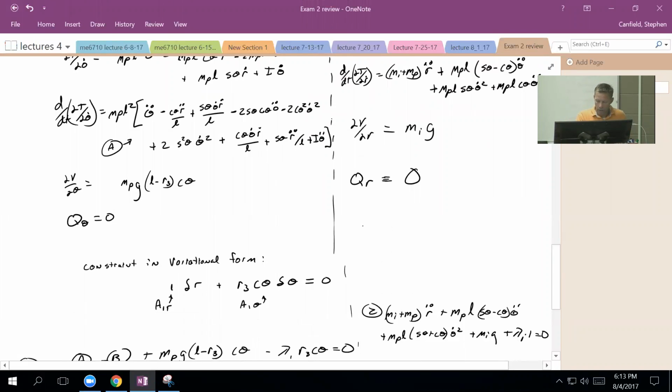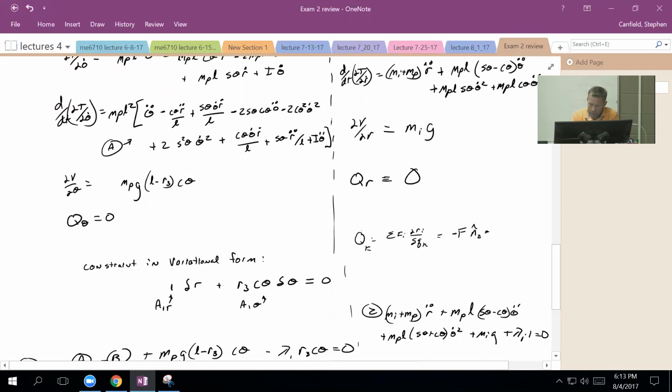So now the generalized force Q is the sum of F sub I times the partial of R sub I with respect to QK. In this case, we've got one force, so that's F, in the vertical direction, so it's in the negative n2 direction.